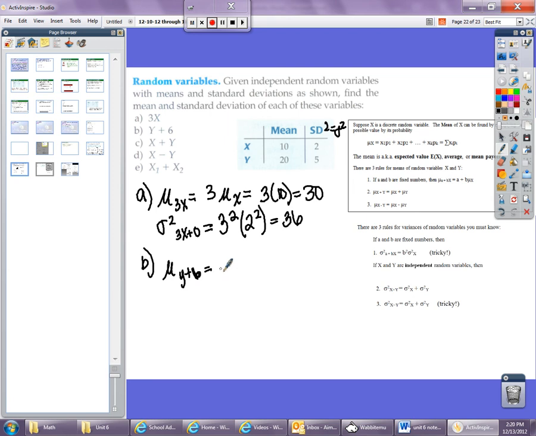Tells me my rule over here is I'm going to take a, and I'm going to add to it b times mu sub y. So I'm going to take a, in this case is 6, and add to it b, which is just 1, times mu sub y. Well, in this problem, mu sub y, the mean of y is 20, so 6 plus 20 is 26.